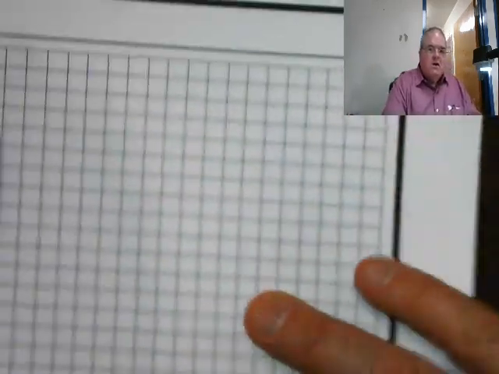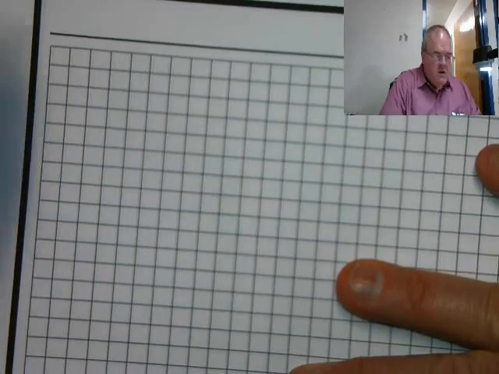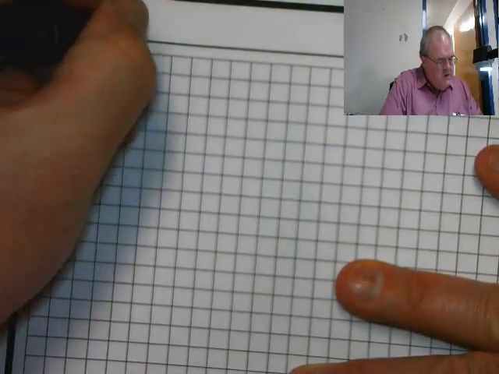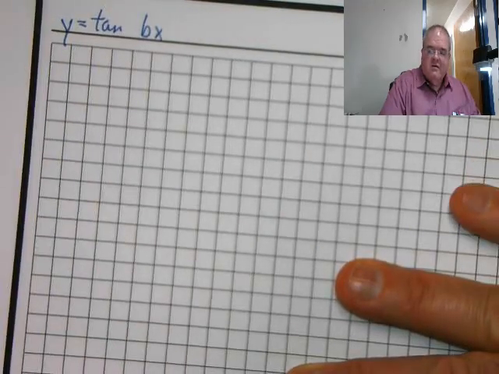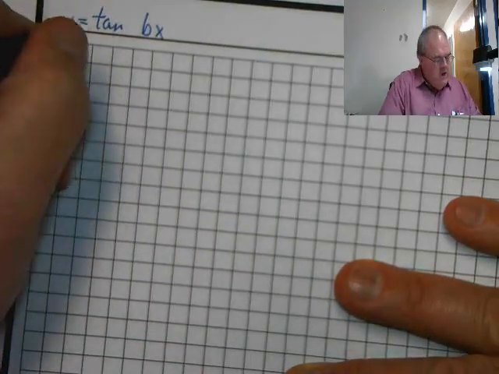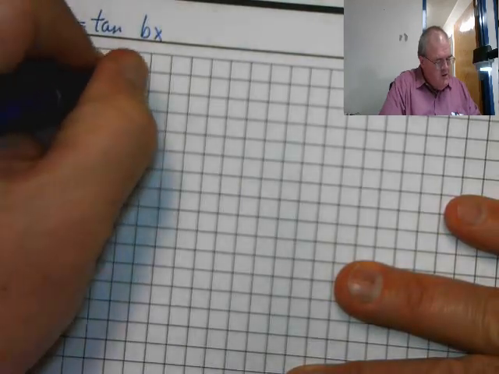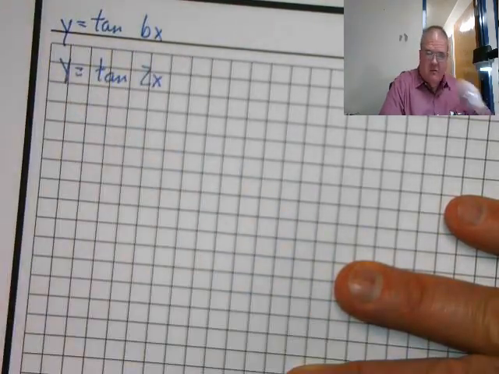So if we look at the general equation of y equals tangent of bx, our example is going to be y equals the tangent of 2x.